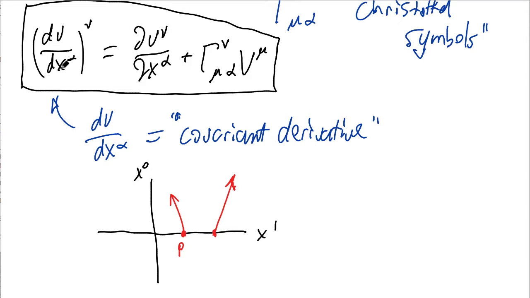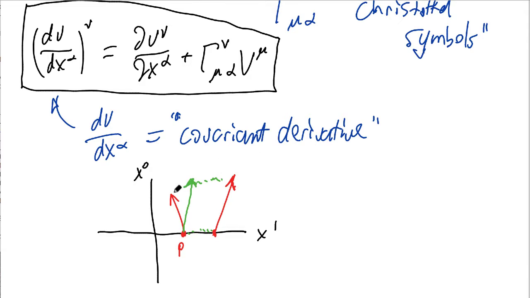So this would be dv/dx1. We parallel transport this vector, bringing it over to this point P, keeping it parallel to itself and not changing its length. And then we subtract: this green vector minus the red vector.